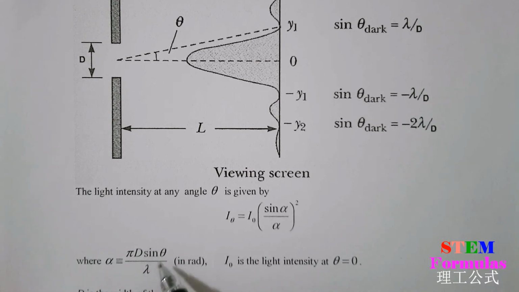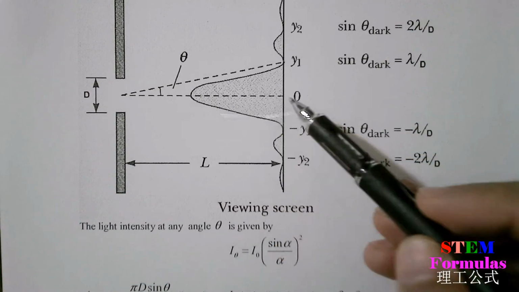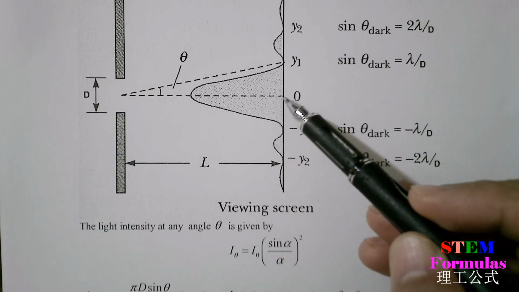So if you use a calculator, you must set it up in radians, then plug in this formula. And I0 is the light intensity at theta equal to 0, so I0 is the light intensity at the center.